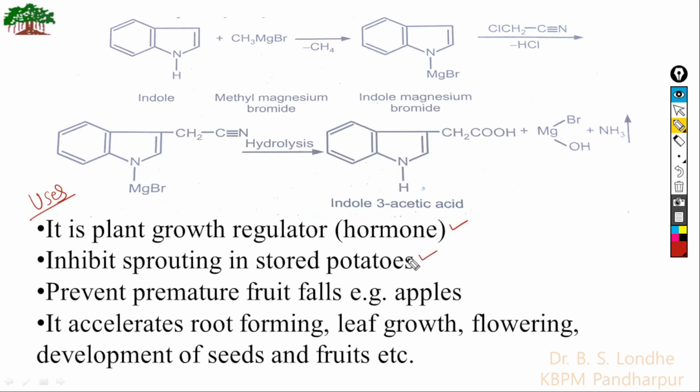So it can be inhibited with the use of indole 3 acetic acid. Then it prevents premature fruit falls, for example in apples. It also accelerates root forming, leaf growth, flowering, development of seeds and fruits, etc. So these are the uses of indole 3 acetic acid.